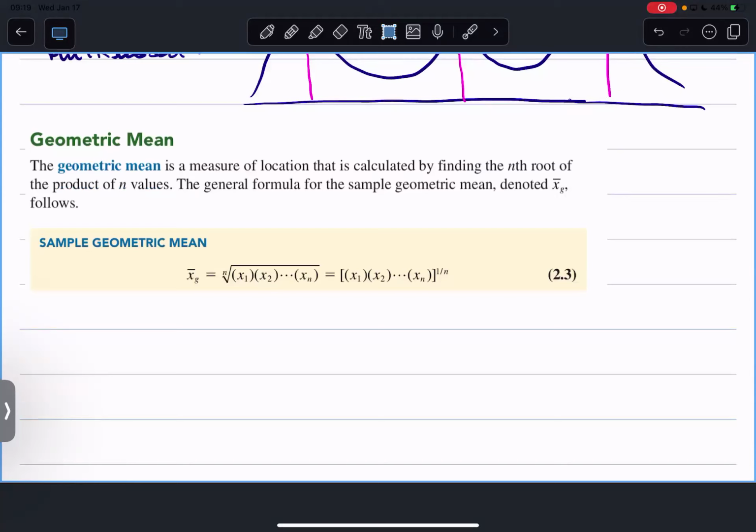And I'm drawing a blank on the geometric mean. So instead of adding things up and dividing by n, you multiply things and then you take the nth root. And I'll have to look up when we use it because there are special cases when you use it, but it's pretty rare. And with that, I release you.